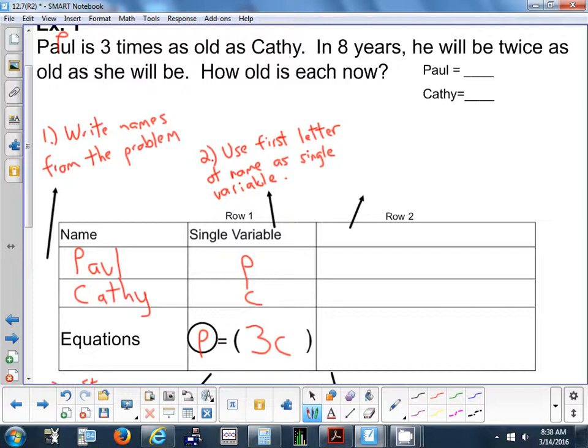All right, that was our third step. Let's look at our fourth step. We're going to add or subtract the single variable, depending on what we get for a phrase in that second sentence.